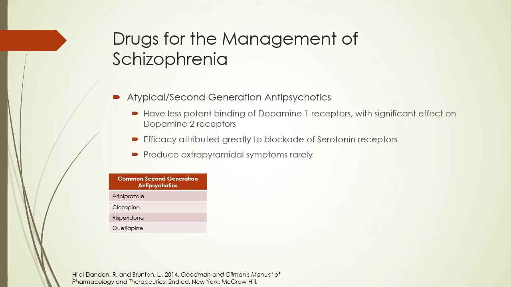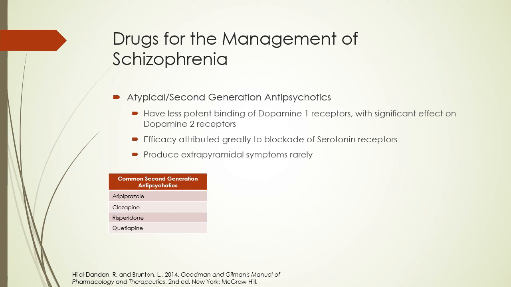The great efficacy of the atypical second-generation antipsychotics is attributed to blockade of serotonin receptors. So they also block dopamine 1 receptors, and they agonize dopamine 2 autoreceptors, leading to decreased dopamine release, but more importantly, in their action against psychosis is the blockade of serotonin receptors.